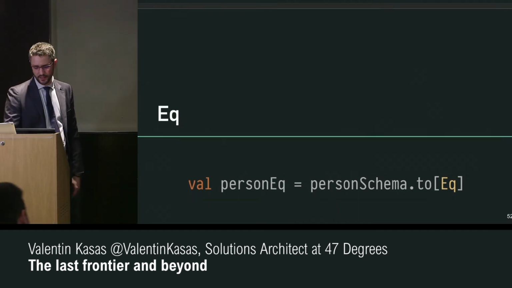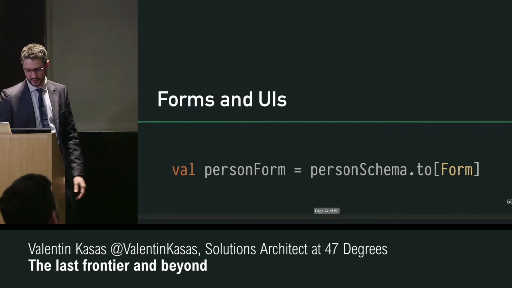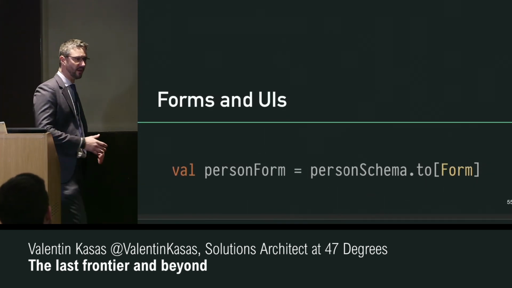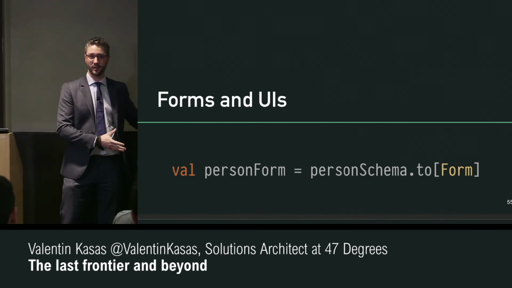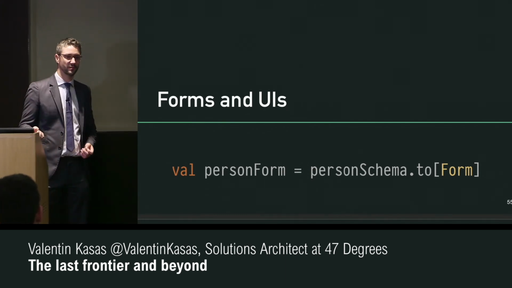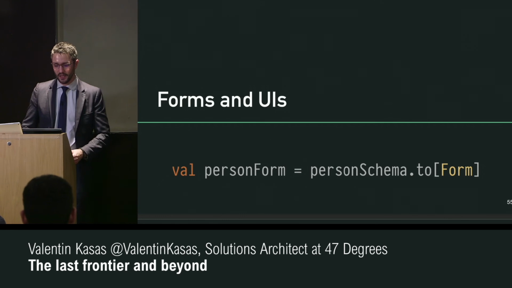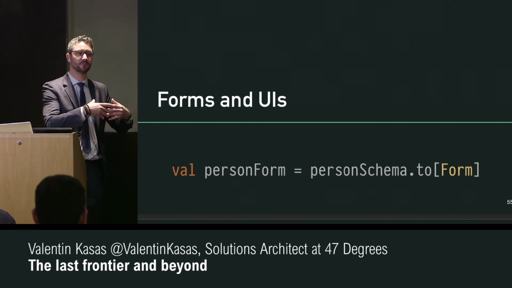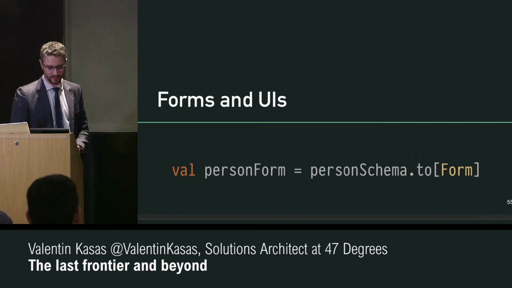We can get Eqs, we can get orderings, we can get Show, we can get crazy stuff like form UIs. Like you have a schema, and you generate a UI from the schema. And you change the ADT, you change the schema, and that's it. I said for free, you still have to write the schema. But everything else is for free.